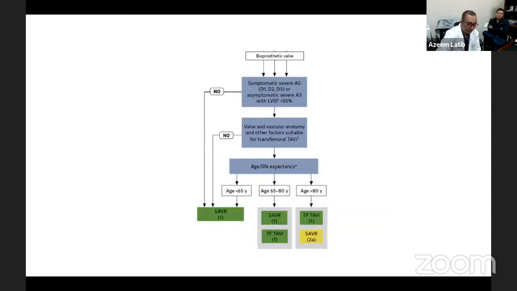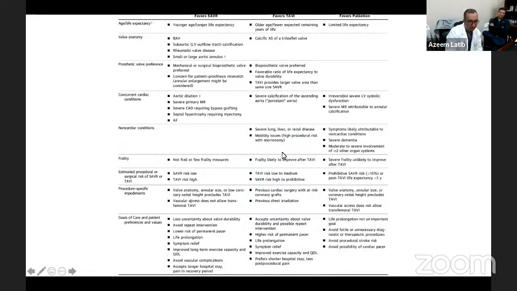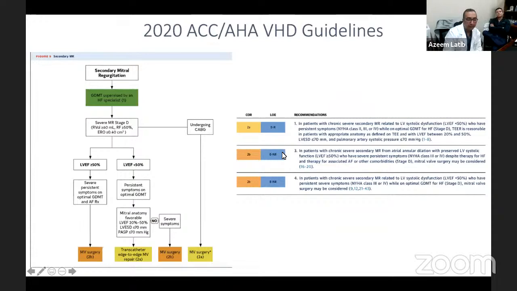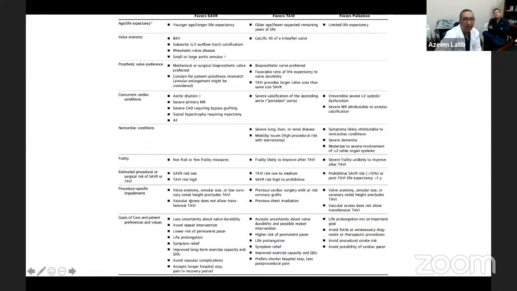The guidelines provide us with some help in trying to decide between surgical AVR and TAVI.